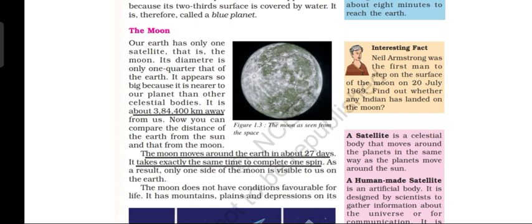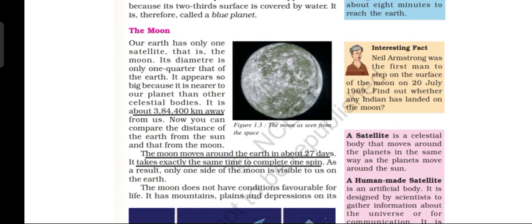So, the moon is always moving around the earth. Now, in comparison to the size of the earth, moon is very small. But even then, it appears big to us in the night because it is very close to our planet than any other celestial body.